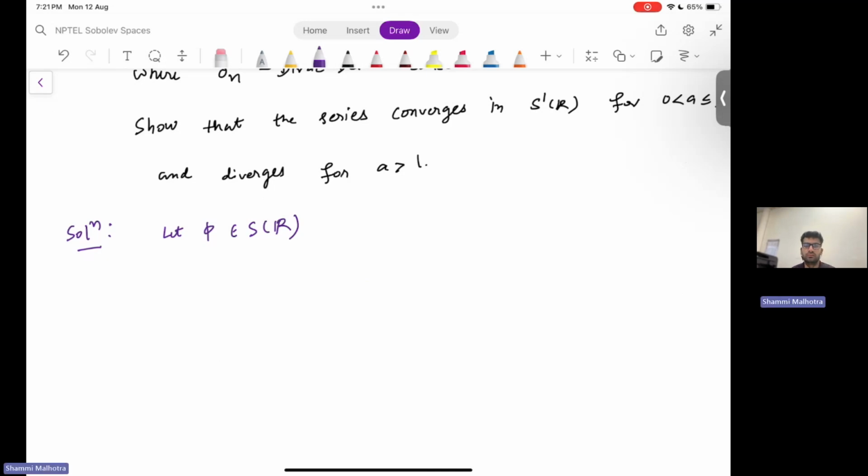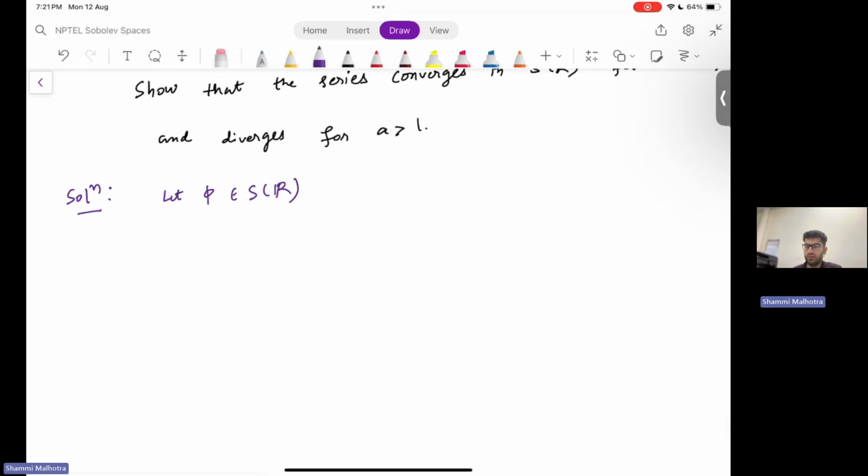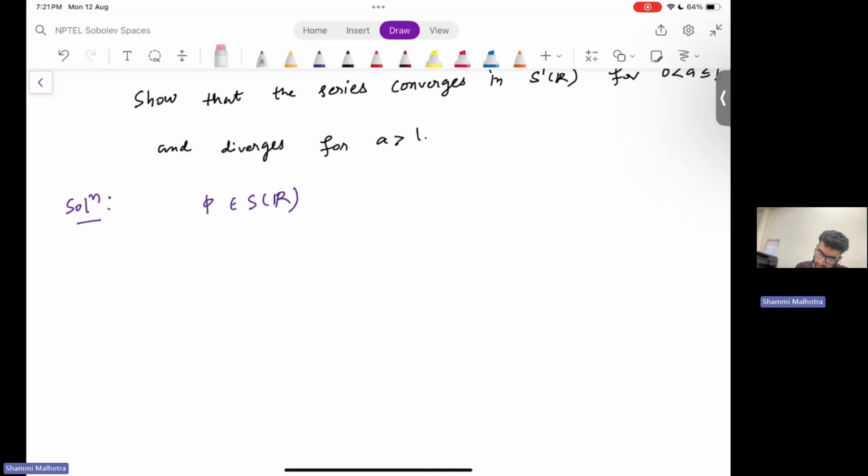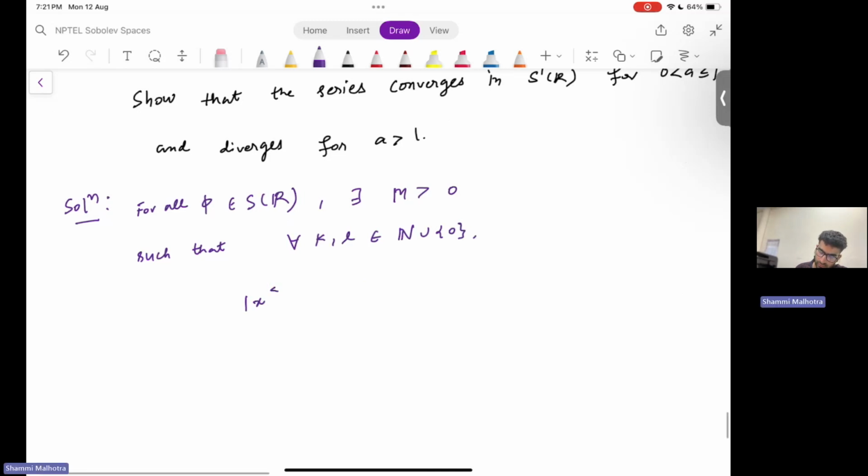Then from the actual definition of Schwartz functions, we can say that for all phi in the Schwartz space there exists M positive such that for all k and L in the natural numbers union 0, the modulus of x^k times the Lth derivative of phi at x is less than or equal to M for all x in R. So this is a uniform bound we have here.